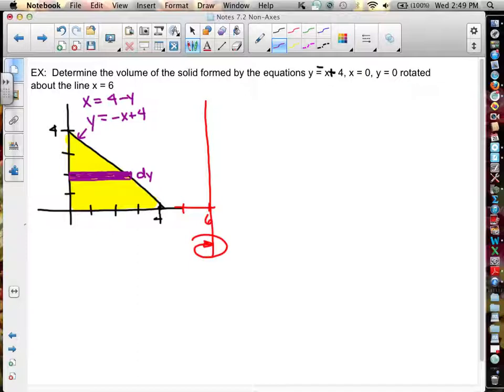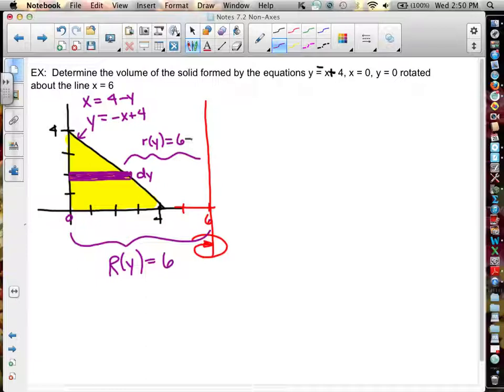So my big radius, my small radius, from my axis of rotation to the end of the rectangle, so 6 minus this equation down here would be 0. My little radius is going to be the end of the rectangle closest to the axis of rotation, so right minus left would be 6 minus this line here, which we said was 4 minus y, which needs to be in parentheses.